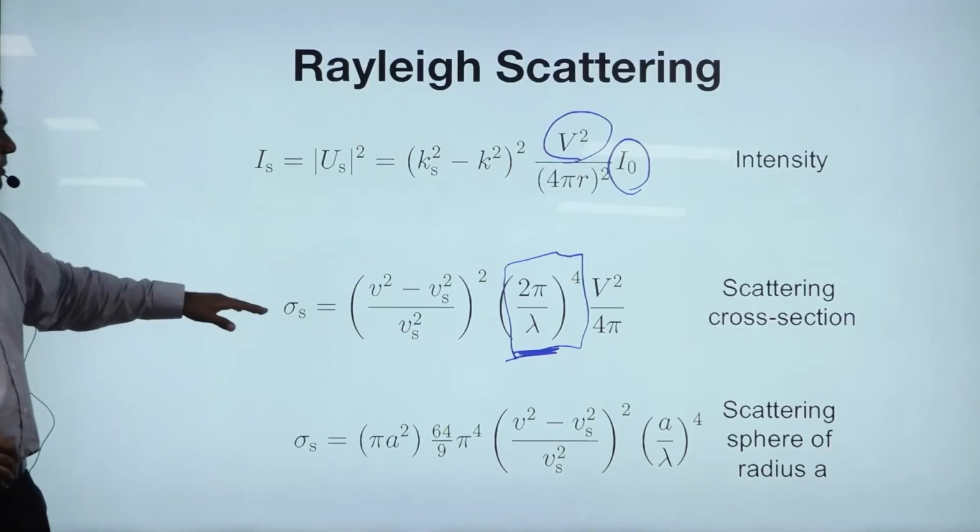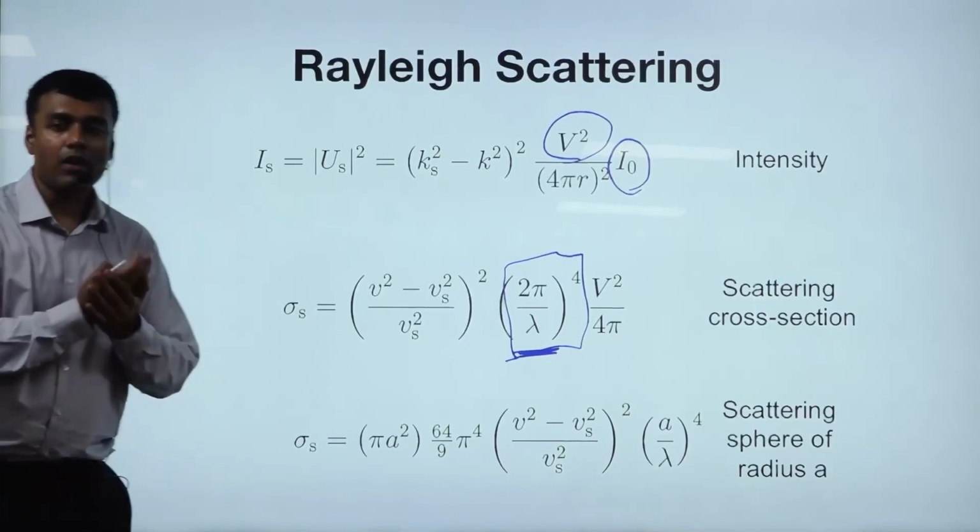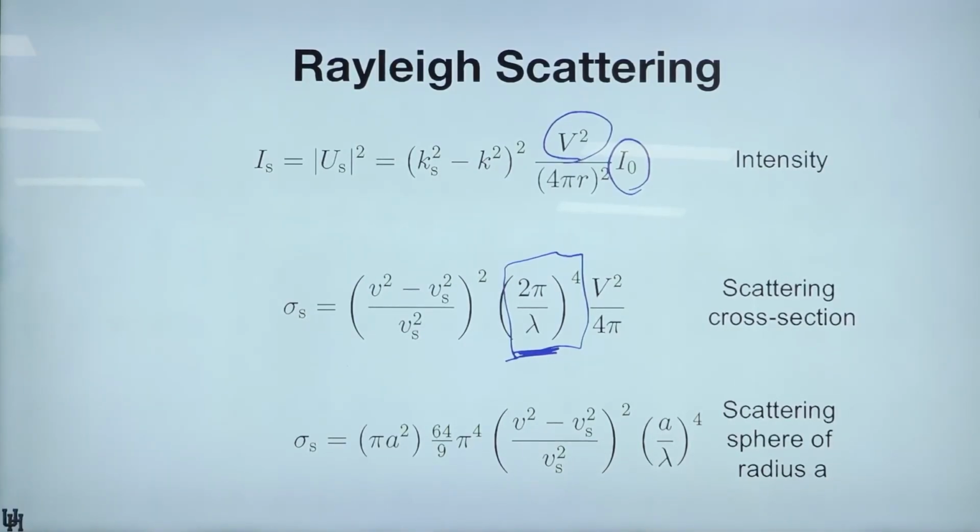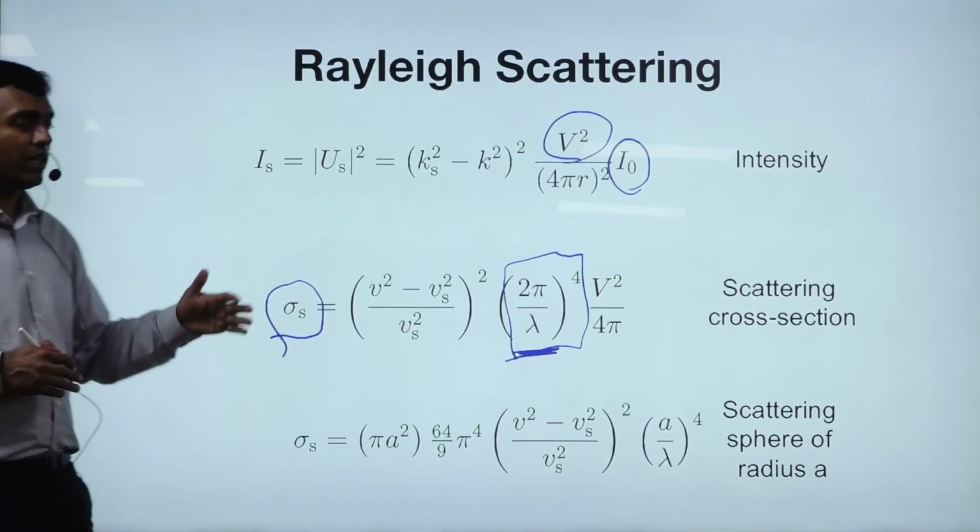I'll get to this in just a minute. If you take the V square divided by r square and do some simplification, you get what is called sigma s. This is called the scattering cross section.